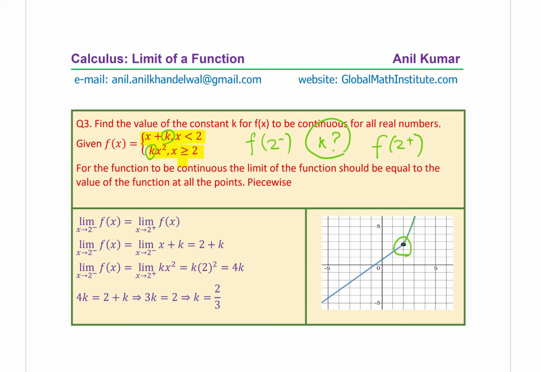What we did here was we began with saying that the limit from the left side should be equal to the limit from the right side at 2, right? Then evaluate the limit from the left side, evaluate the limit from the right side, correct? Do that. So this is the right side. Once you get your answer, which is 2 plus k and 4k, equate them and evaluate the value of k. That is how you have to solve it.